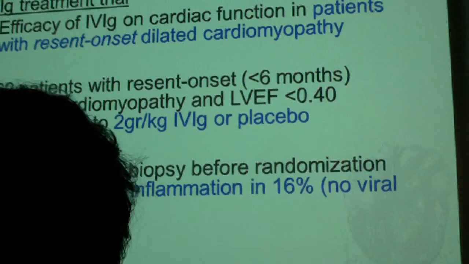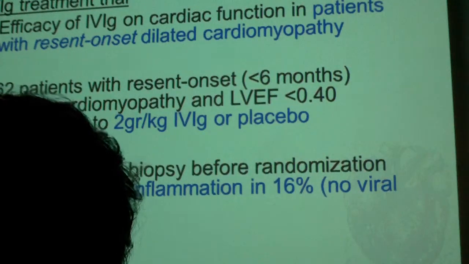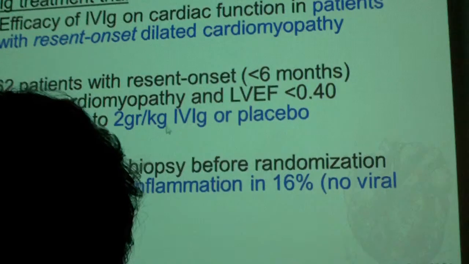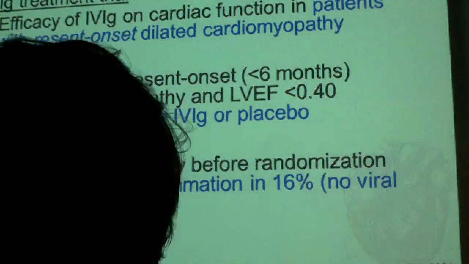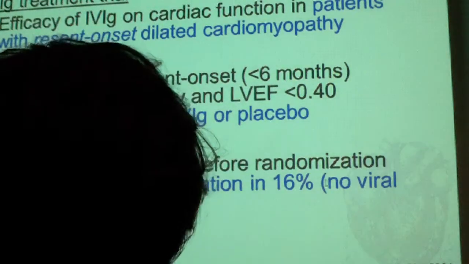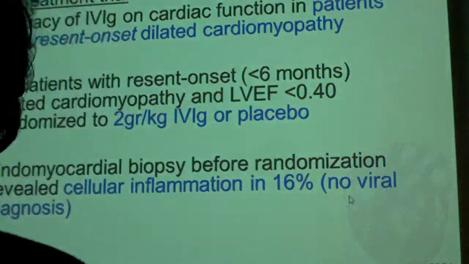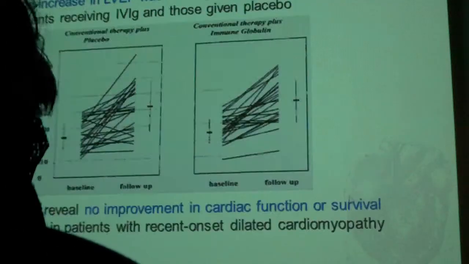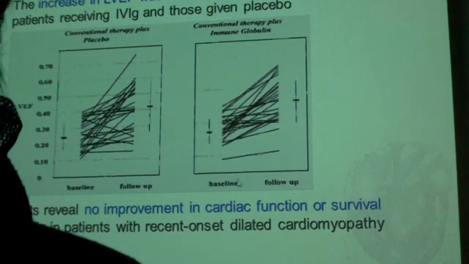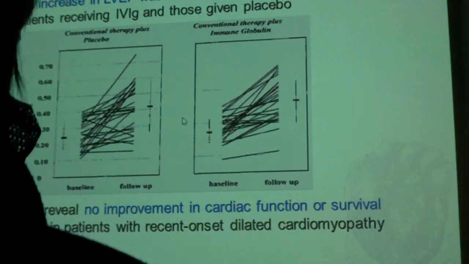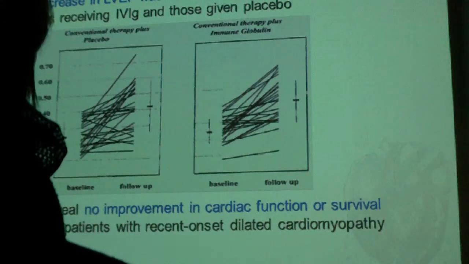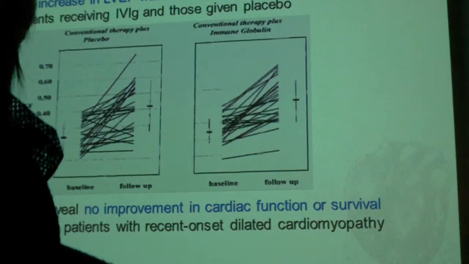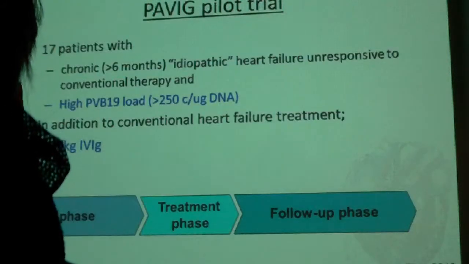So in patients with recent onset cardiomyopathies, they also gave high doses of immunoglobulins, and they did see that there was cellular inflammation in the heart, but they also did not do any viral diagnosis at that time. And you could see that both the conventional and the placebo group both improved. So in patients with recent onset heart failure, immunoglobulins do not work if you do not further specify groups.